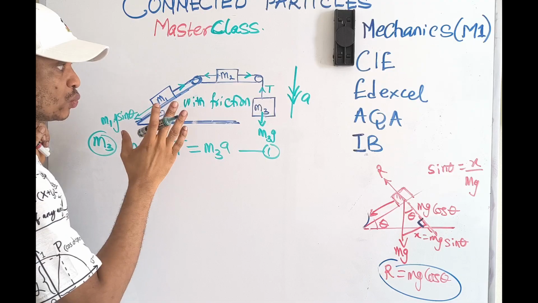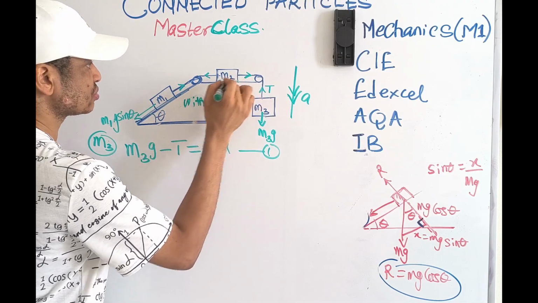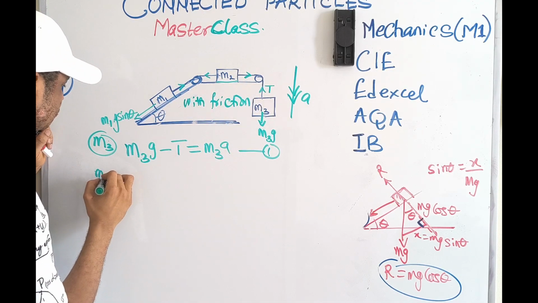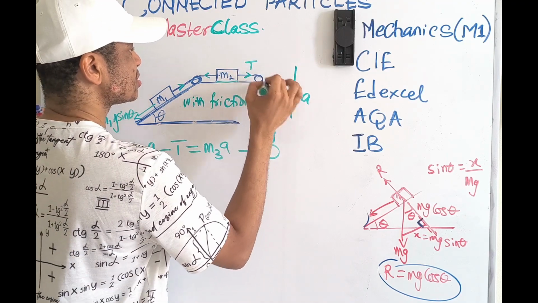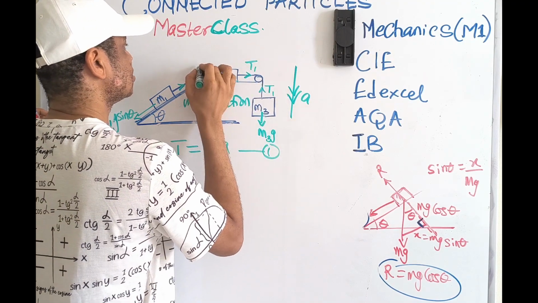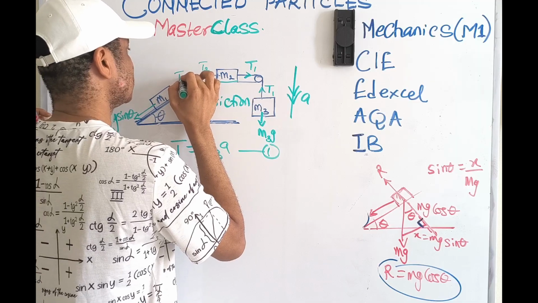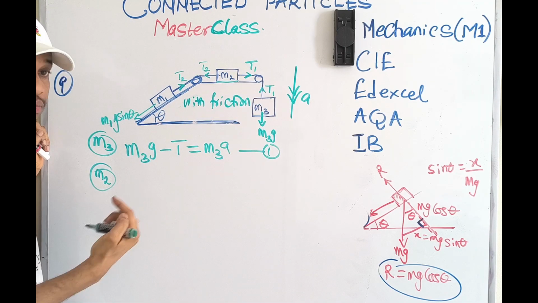For this, we're doing friction everywhere. If there was no friction, we'll cancel. For m2, there's friction. This is T1 and this is T2, because these two tensions are the same connection.